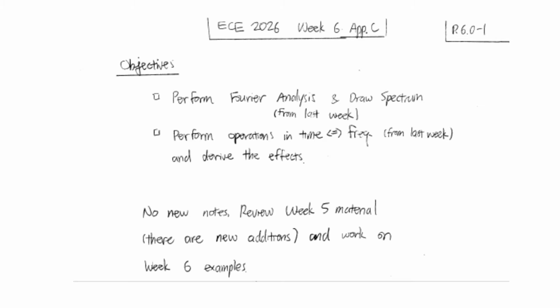And then once we have gone through all the hard work and come up with our answer, we're going to do some of the operations that you saw in that table and see what the effects are. So again, there are no new notes. Just make sure that you have the week 5 material as well as the printout of these notes on hand while you're listening to this. And we're going to work on the week 6 heinous example together. So, are you ready?